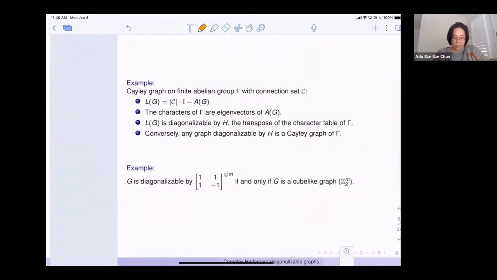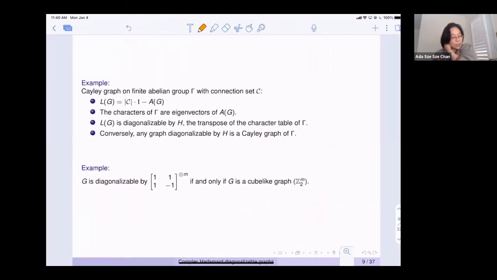Here we have an interesting example. Let's pick a finite abelian group with n elements, and let's pick a Cayley graph with connection set C. The Cayley graph is regular, so it has degree equal to the size of the connection set. So the Laplacian matrix is the size of C times the identity matrix minus the adjacency matrix.